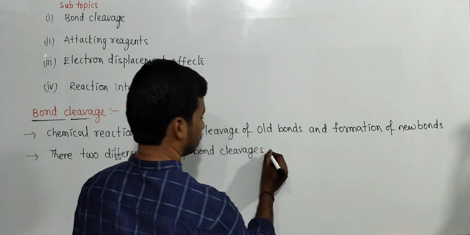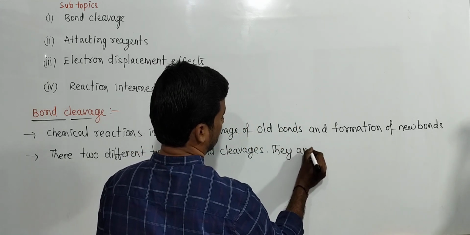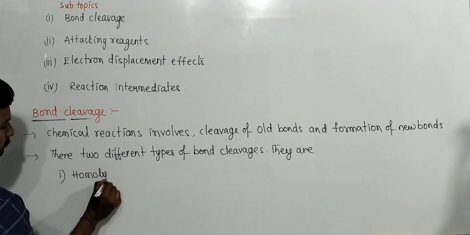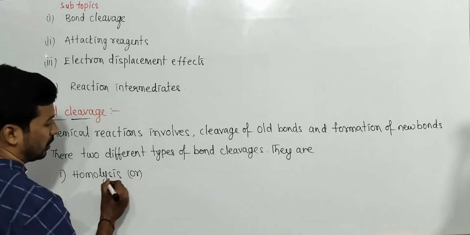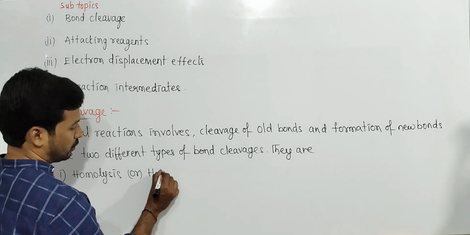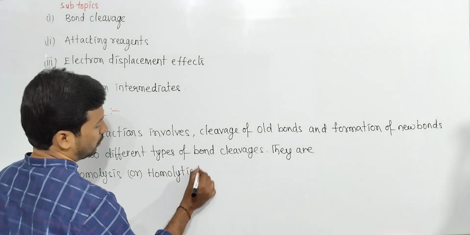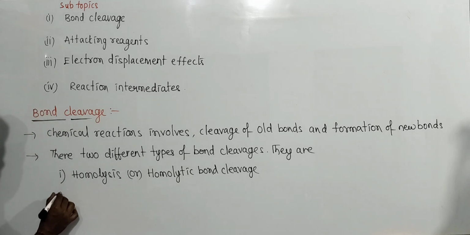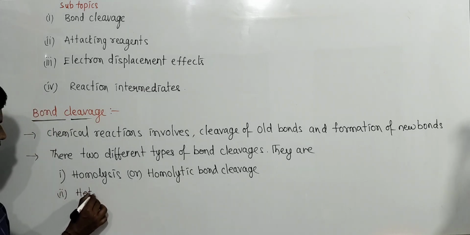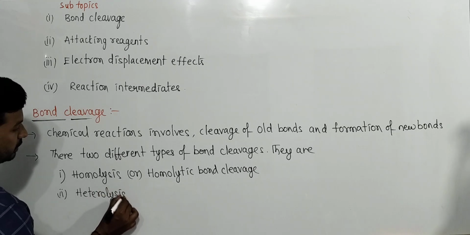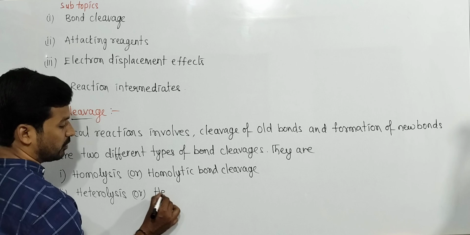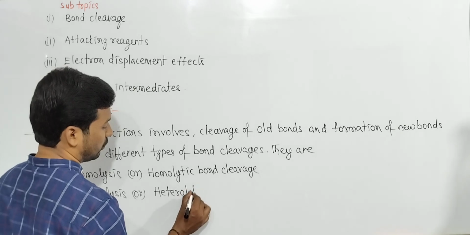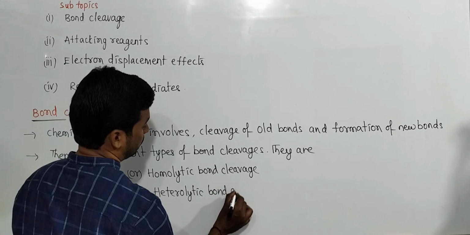Homolysis is also called homolytic bond cleavage, and the second one, heterolysis, is also said to be heterolytic bond cleavage. I will explain them separately.